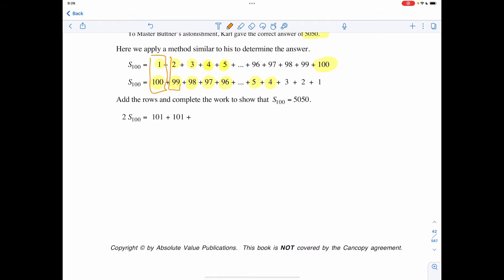If he took the second term and the second last term, it also added up to 101, which means that every single term added with the equivalent term in ascending or descending order always gave him the exact same answer.